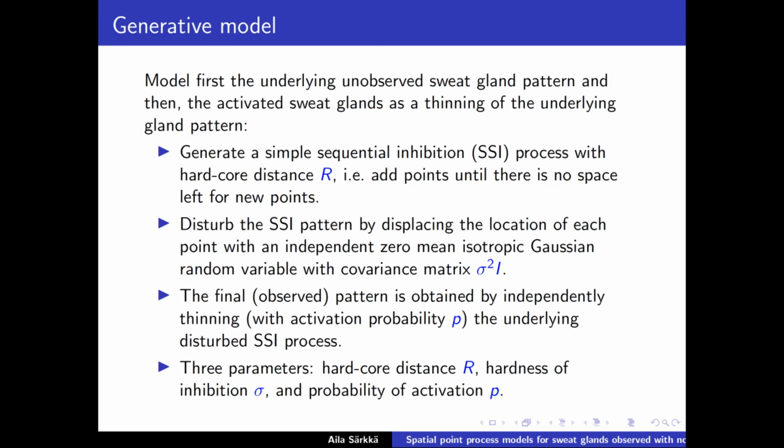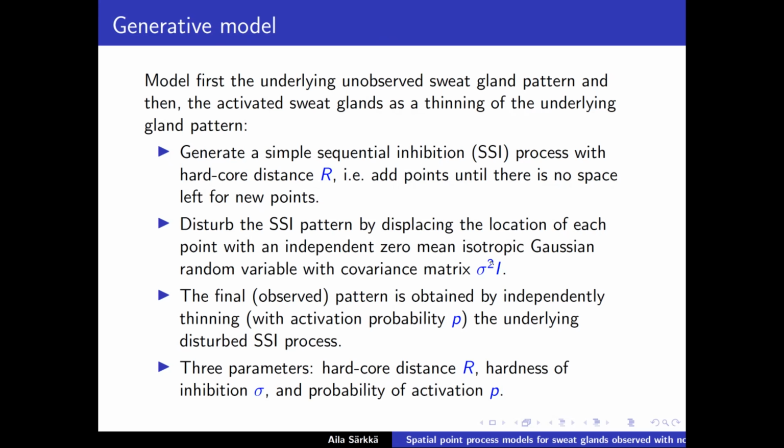Then the final observed pattern comes from independently thinning with some activation probability P. For every gland, we have a probability P to activate it and 1 minus P not activated. Then we got a pattern that corresponds to the pattern that we see at the end of the video.